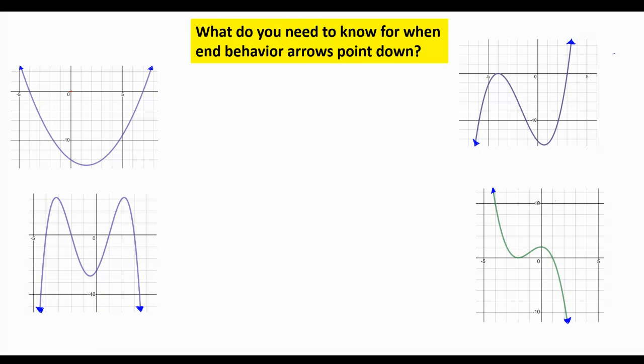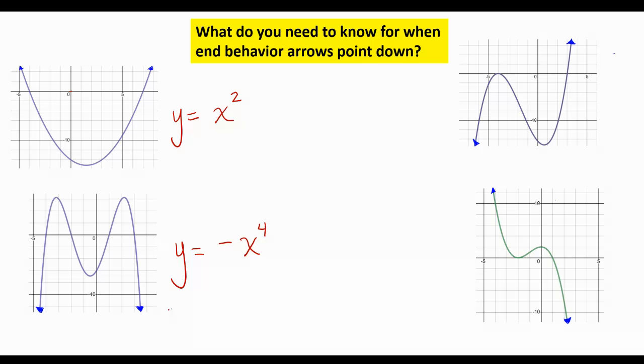Okay, so the beginning of a graph starts with either lead positives or lead negatives. So this graph right here would be something like y equals x squared with a positive. This one, and you're labeling this on your graphs, is going to be y equals negative x to the 4th.